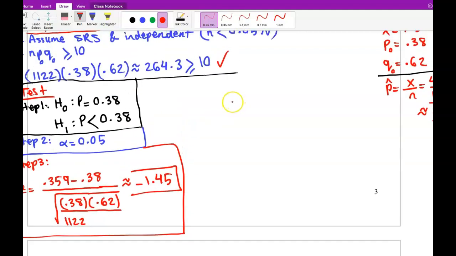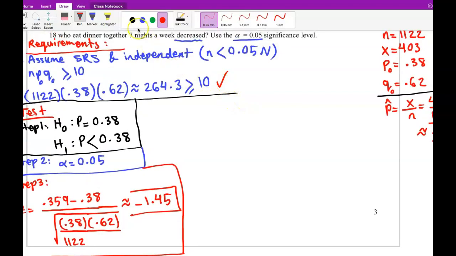Okay, then step 4. Now we should find the p-value.